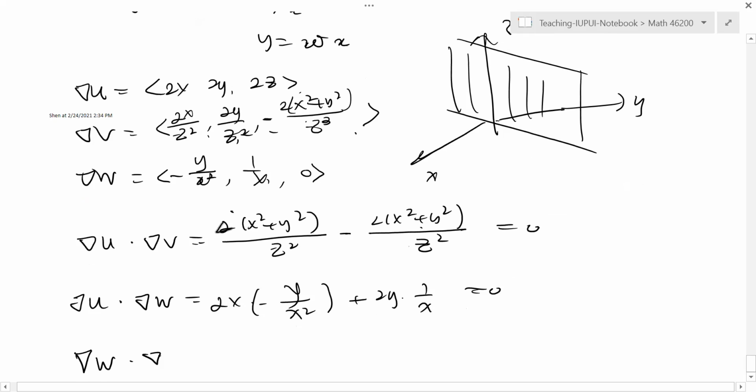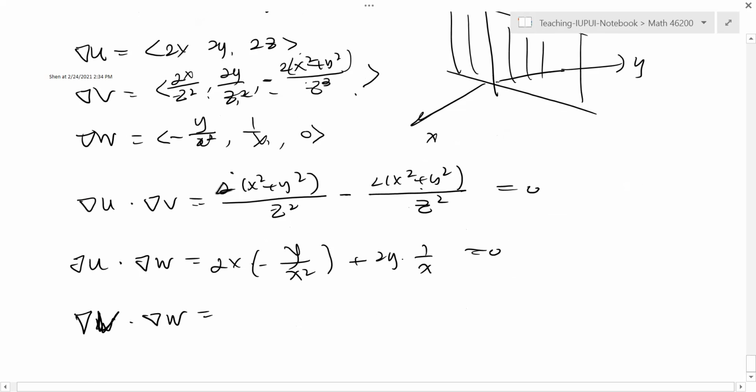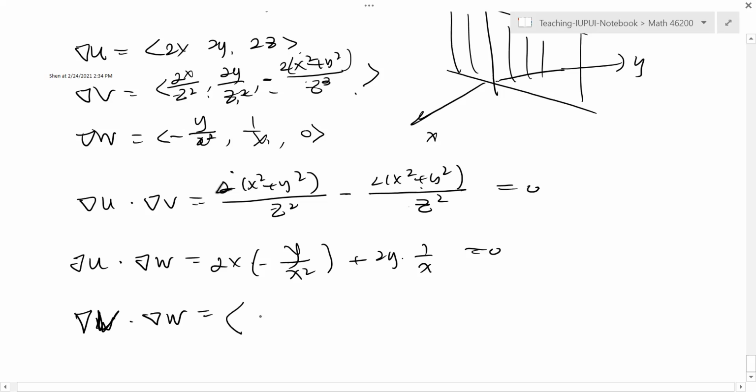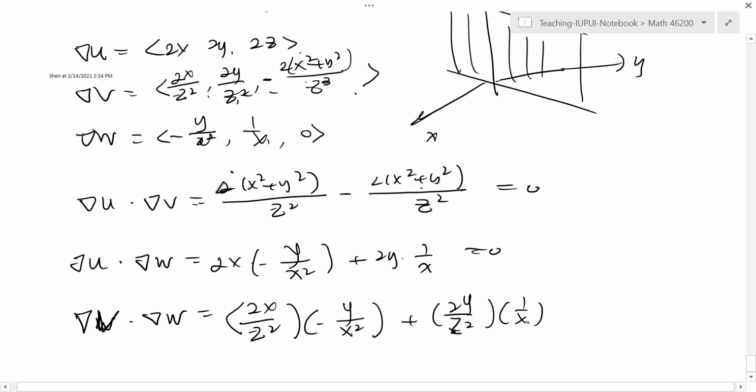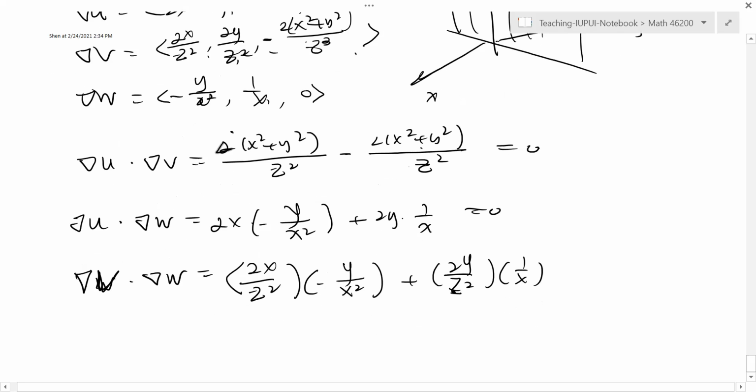And now the last one: the product of 2x over z squared and negative y over x squared, plus 2y over z squared times 1 over x. Wow, this is also 0. Great.